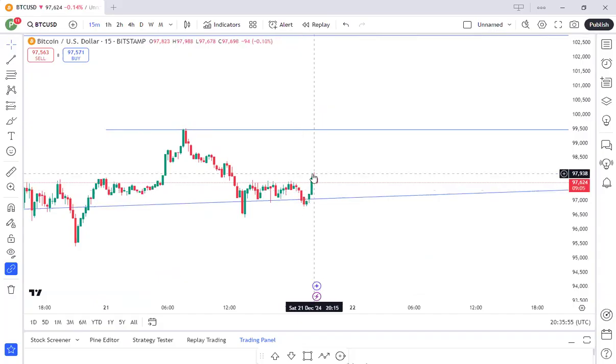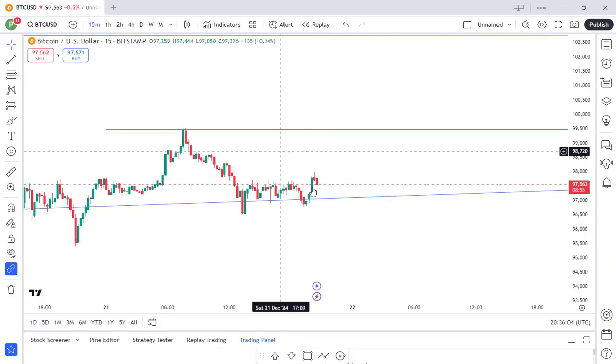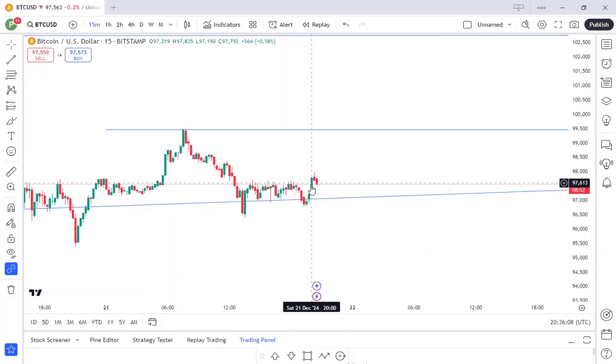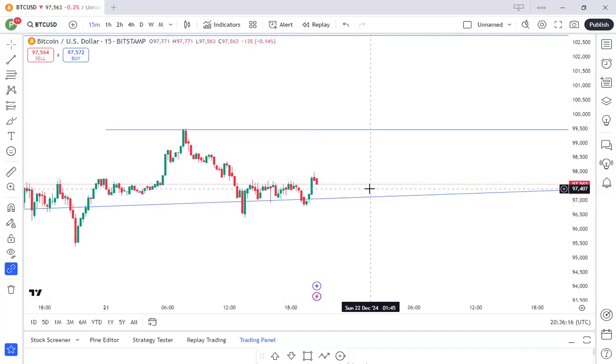The green is for bullish, the red is for bearish. If I'm using a 15 minutes time frame, each candlestick will take about 15 minutes to open and close, to finish and tell you the direction the price is going. If you're using a 1 hour time frame, each candlestick is 1 hour. It will take 1 hour before it closes.